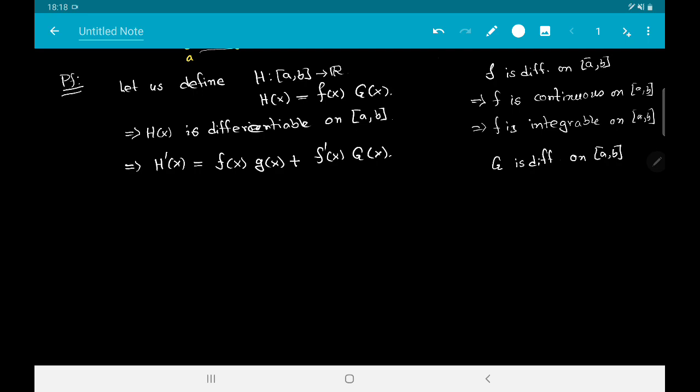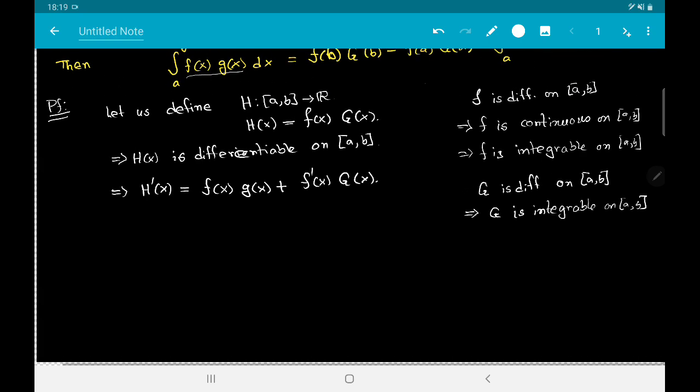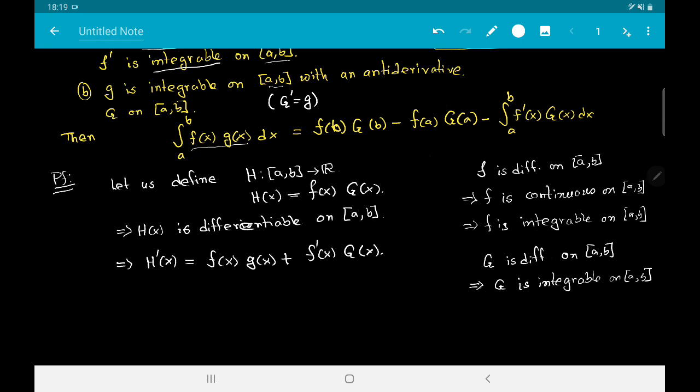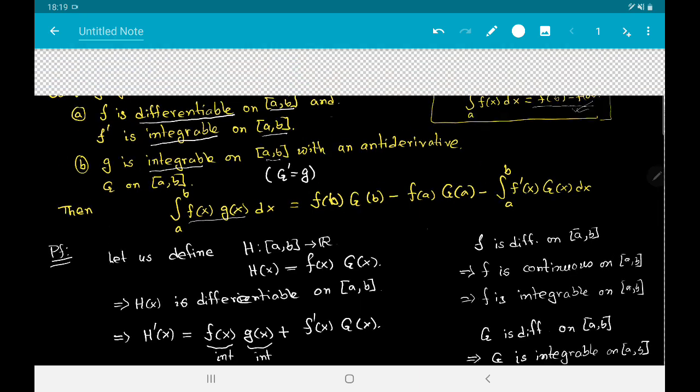Similarly, by the same argument, we see that g is integrable on ab. So now what did we know about small g? Small g was integrable. So we know that f is integrable, we know that small g is integrable, and we have small f prime is integrable.